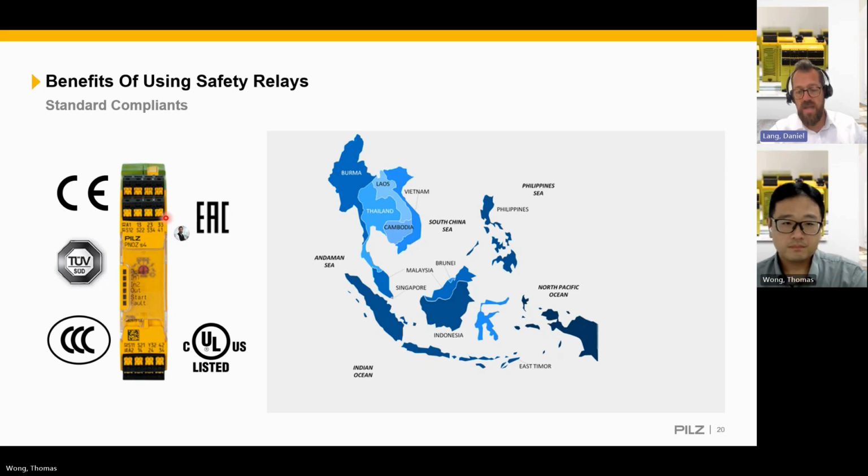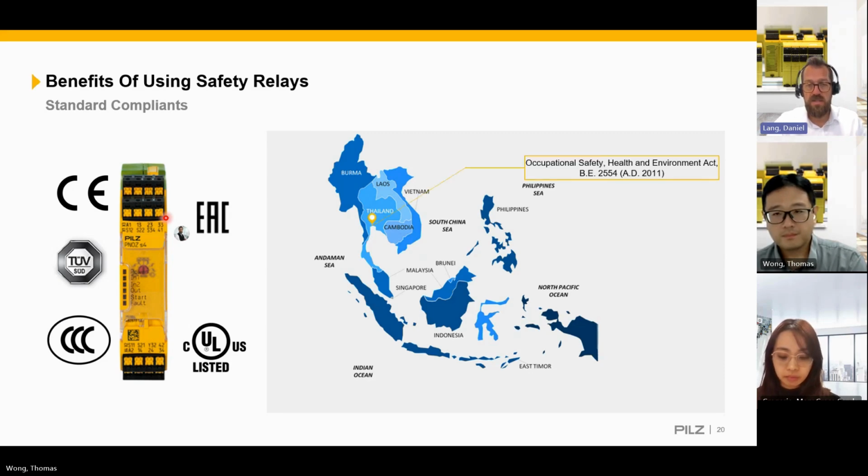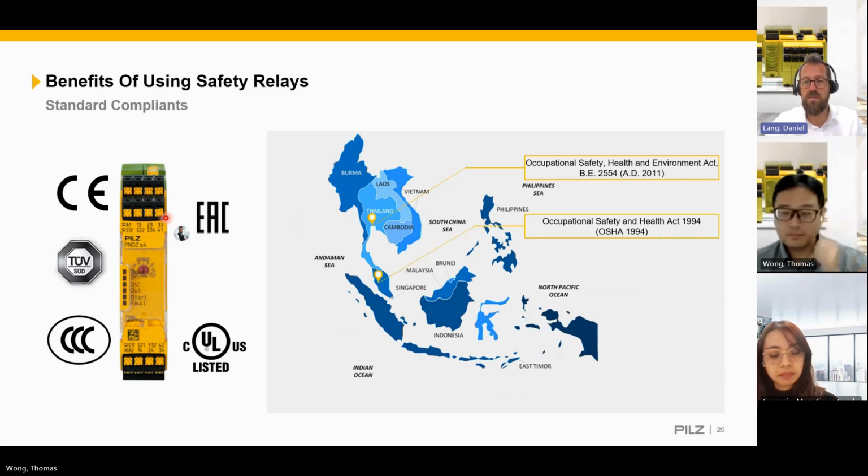Then when it comes to the standards, as Thomas also said, there's standard compliance. If you are a machine builder and you build machines for your own country and you want to export machines to other countries, these machines must comply with certain standards. Of course, we have many international standards, but we also have local standards. And these local standards are sometimes adopted from the international standards, and some are also harmonized.